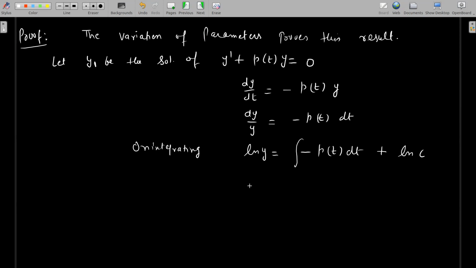So then you have y equals to c times e power minus integral pt dt, and this is the y1. So what is the y1? Denote this with y1. So y1 is a solution of the homogeneous one.